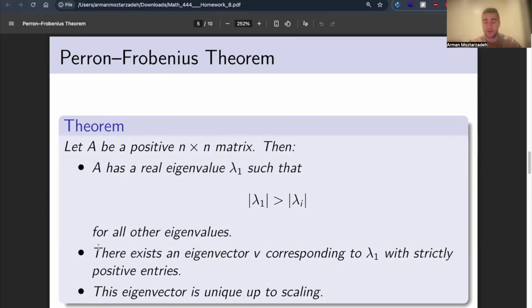Second, there exists an eigenvector corresponding to this eigenvalue whose entries are all strictly positive. Third, this eigenvector is unique up to scaling, meaning that any other eigenvector associated with this eigenvalue must simply be a scalar multiple of it. So these properties are essentially what make the theorem so useful in many applications.